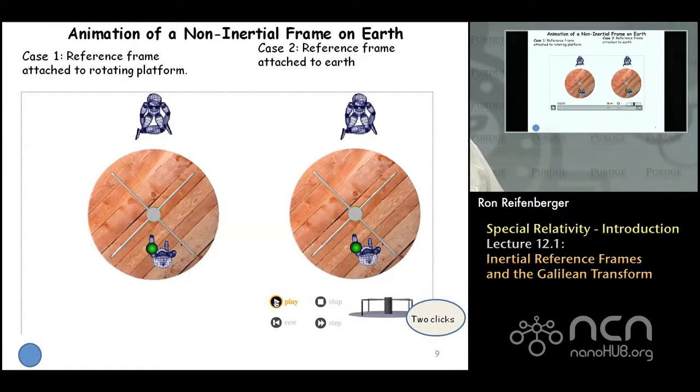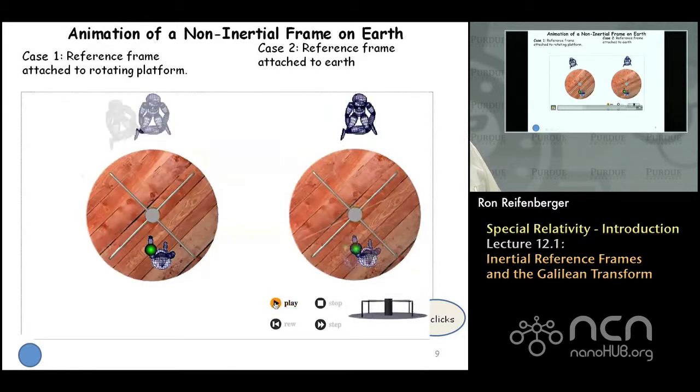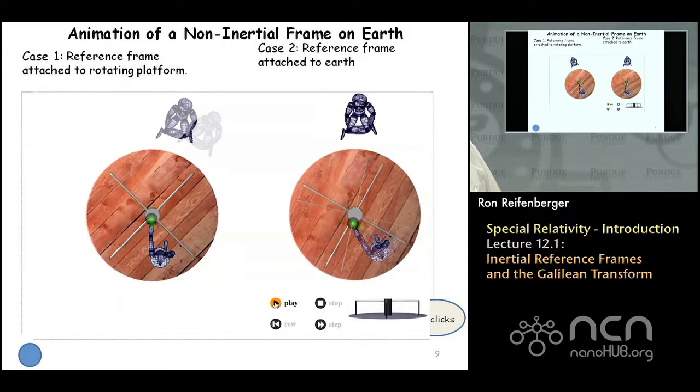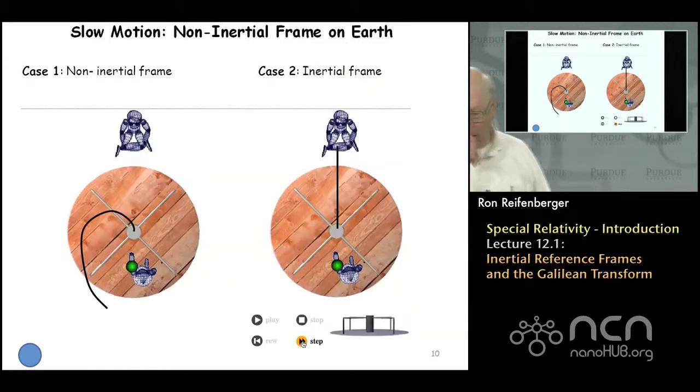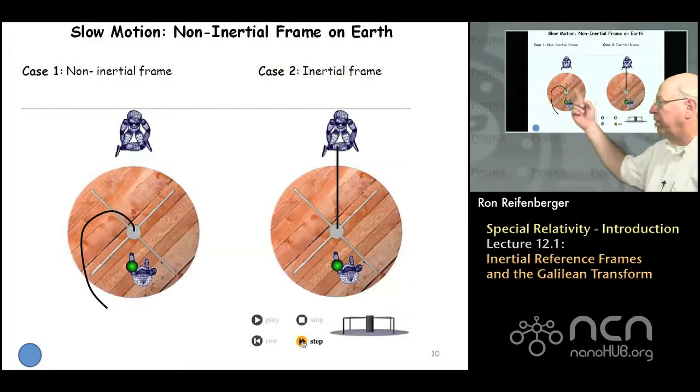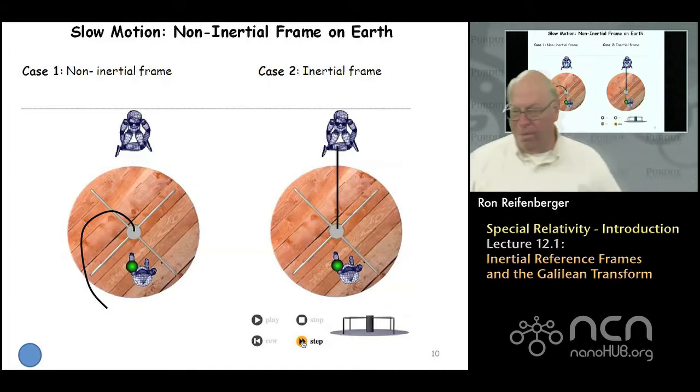Let me run the video right up to the point where scientist 1 is ready to release the ball. Okay, so what's the relative motion going to look like in the two reference frames? In this video, we've slowed the speed down so you can follow what's going on, and I've also added trajectories that help you visualize where the ball is going to move. So let's run this.